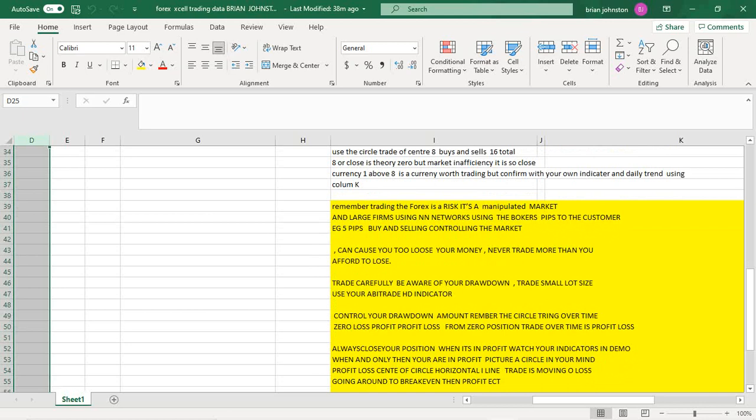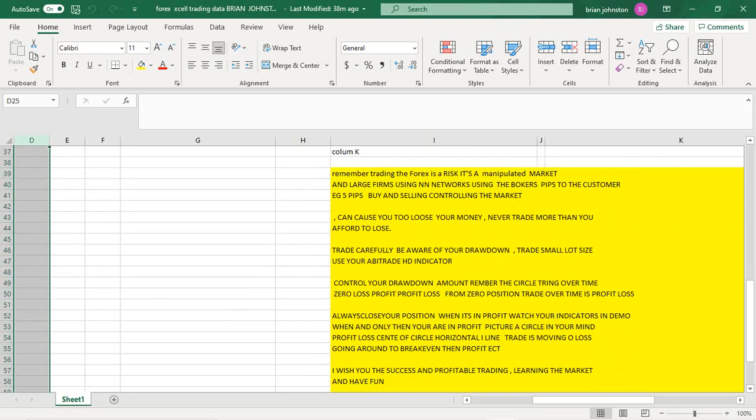Trade small lot sizes using your Arbitrage Brian Johnston HD indicator, which is 0.01 buys and sells for 8. They stay in your demo trader to help you indicate zero. So if you enter on zero, you go from profit to loss, and that trade will keep going round in a circle.